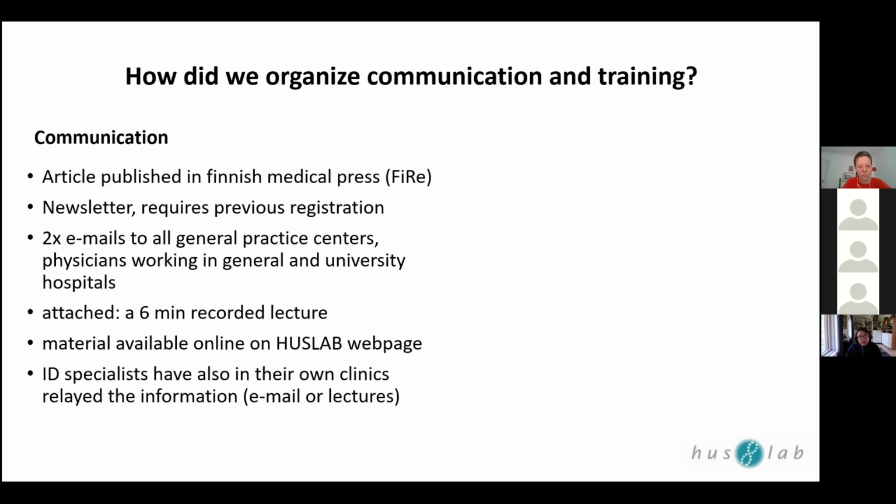All this material is available on our website, and of course the ID specialists have also relayed the information in their own clinics by mail or by giving lectures. Next.